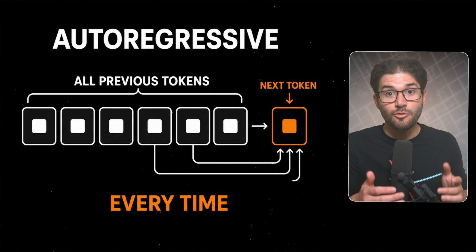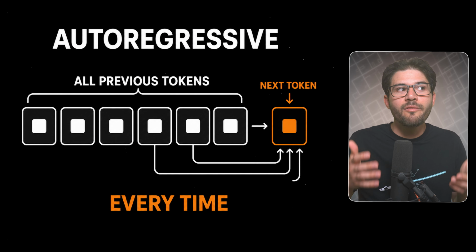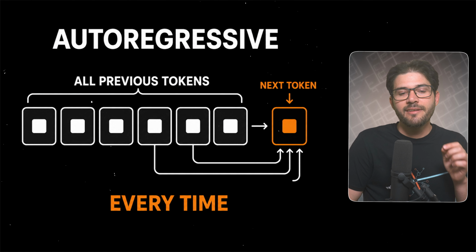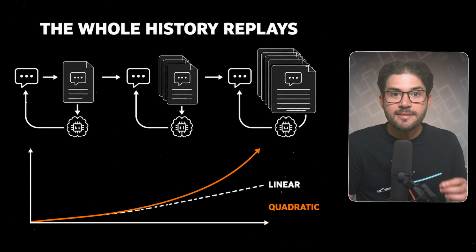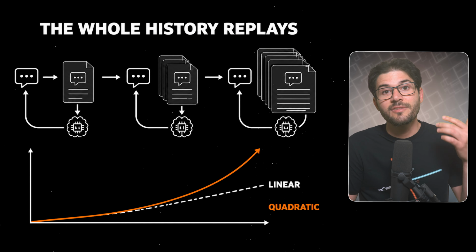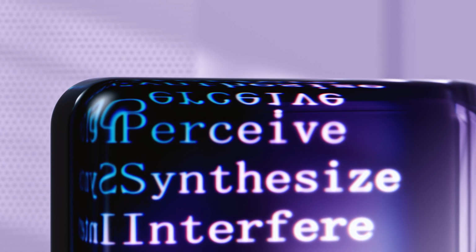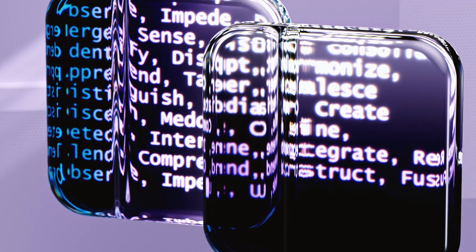This means that to predict the next token, they need to see all the previous tokens every single time. When you have a conversation with a chatbot, each time you send a message, the system doesn't just send the new message. It sends the entire conversation history back to the model.